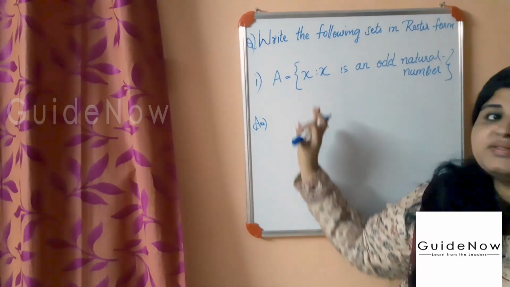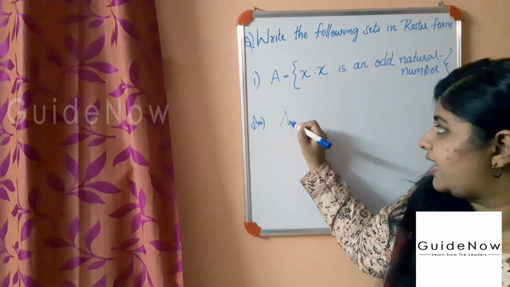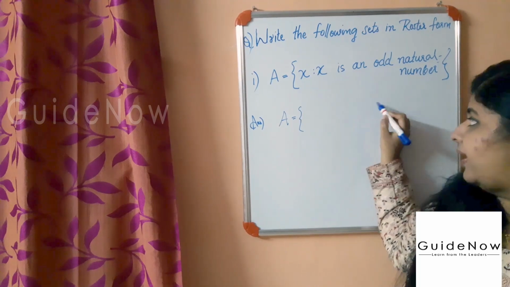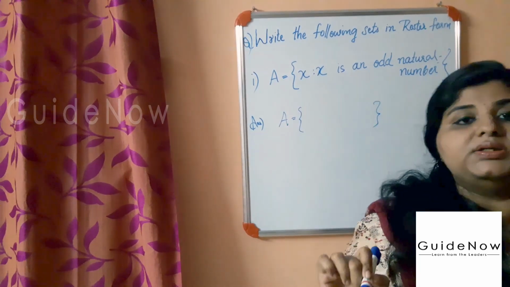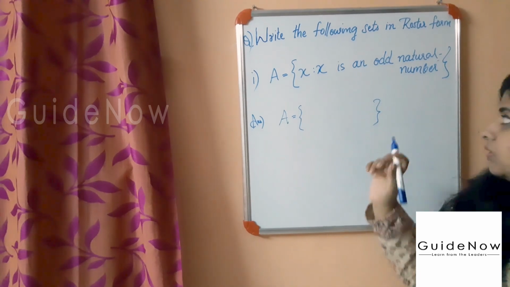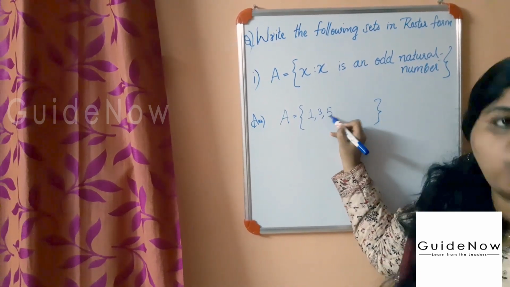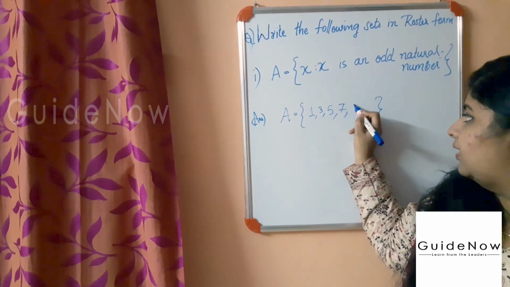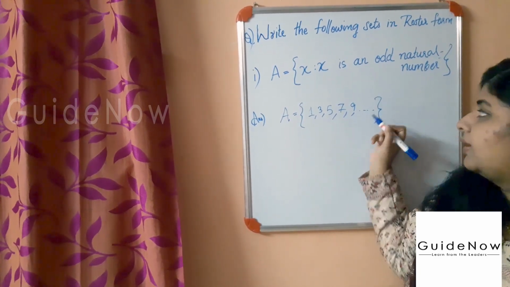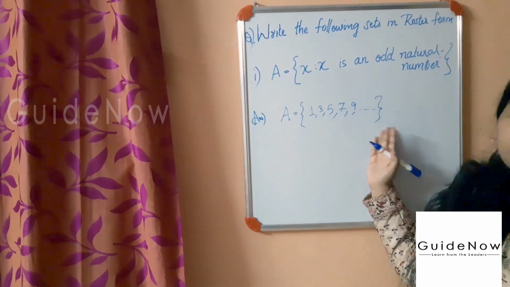We have to list the odd numbers in the set. So set A is equal to, inside the bracket, 1, 3, 5, 7, 9, etc. Since no limit is given, up to infinity, we just put dots.